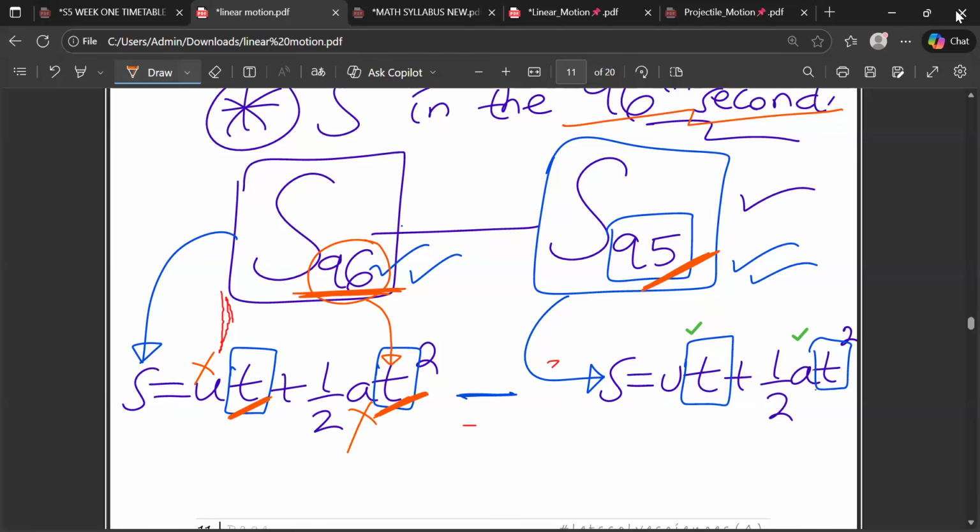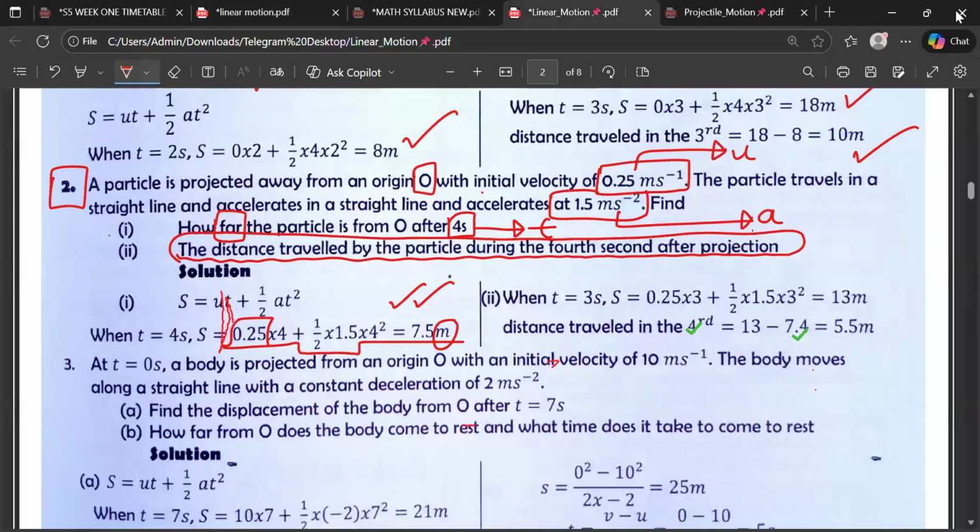What is exactly confusing you? Oh, where did you want us to put it? I thought that where there is ut, on the part of the t, we put 96, and then where there is at squared, on the t squared, we put the 95.